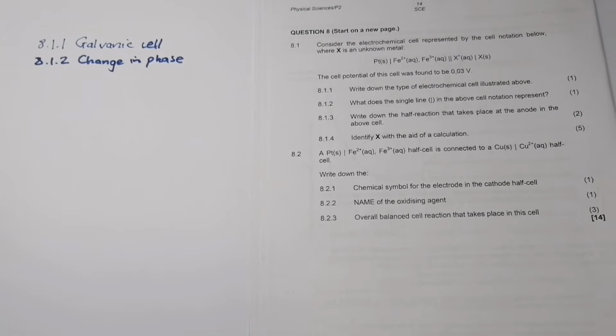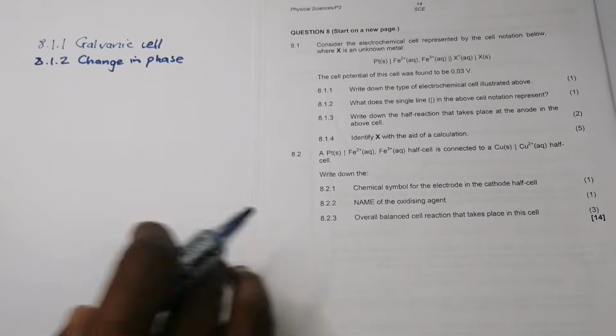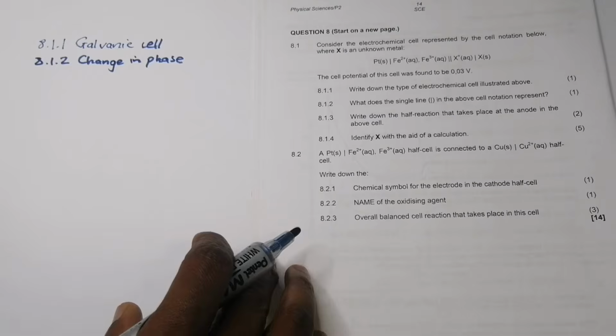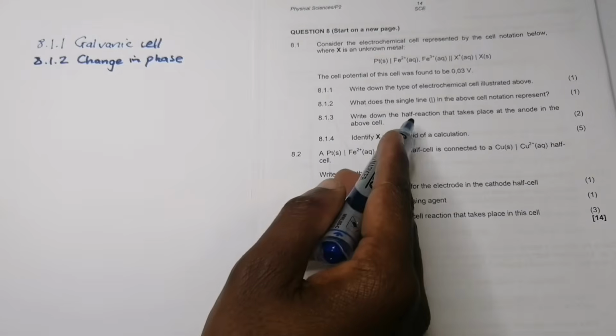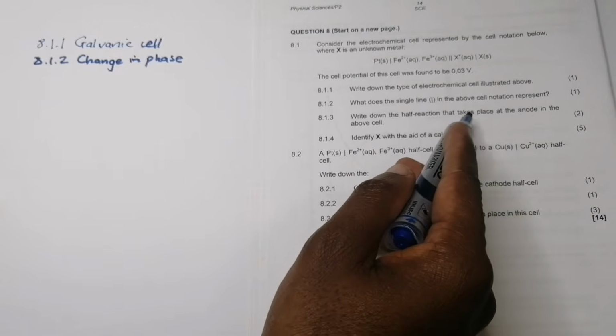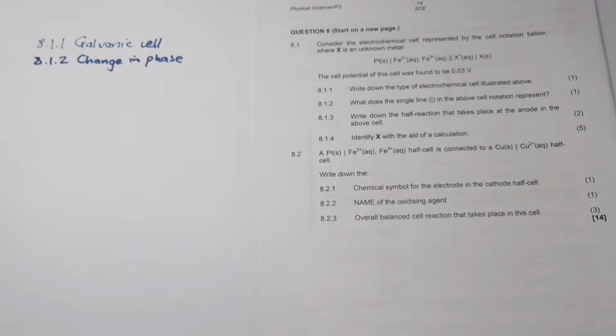Okay, and the next question. I hope that you can see that well. So the next question, they say write down the half reaction that takes place at the anode of the cell.